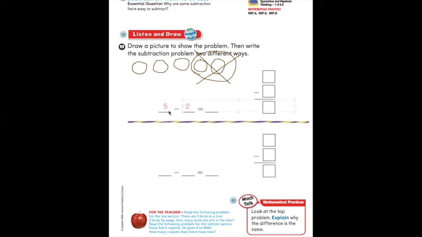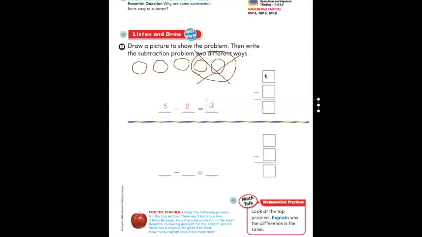So then we will write 5 minus 2. Last but not least, the answer is the number of birds that are left. There are 3 birds left. 1, 2, 3. That means 3 shows how many birds are left. That's our answer.